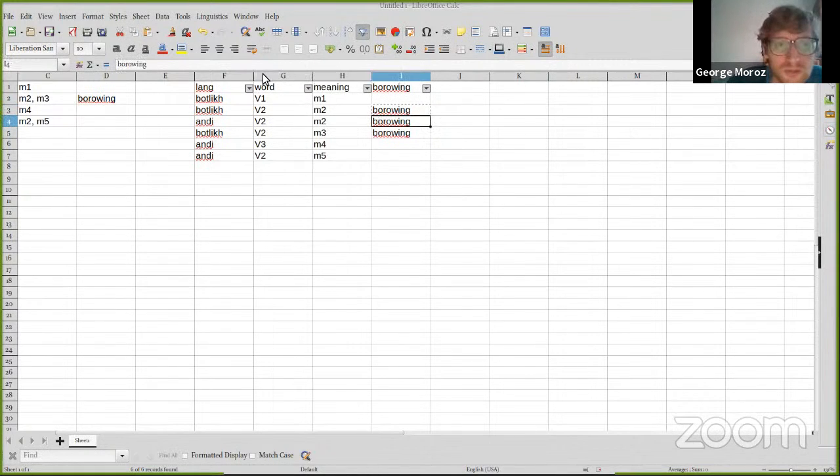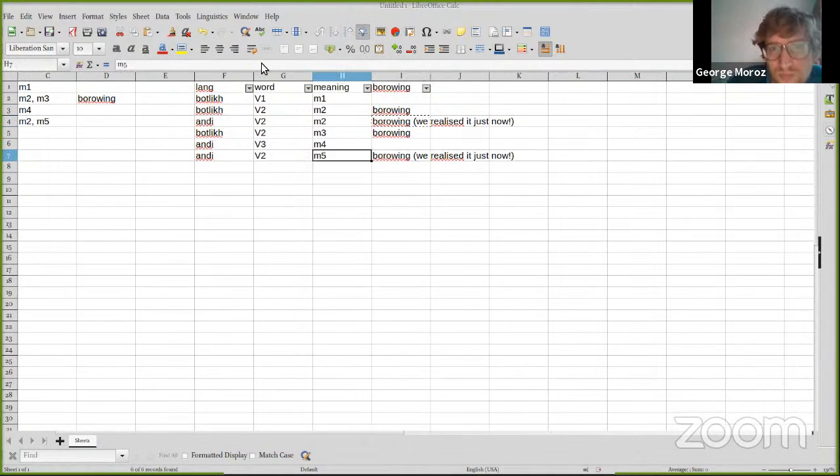So this one is borrowing, like we realized it just now. And this actually means that this one is also possibly a borrowing. So since this is one word, okay?